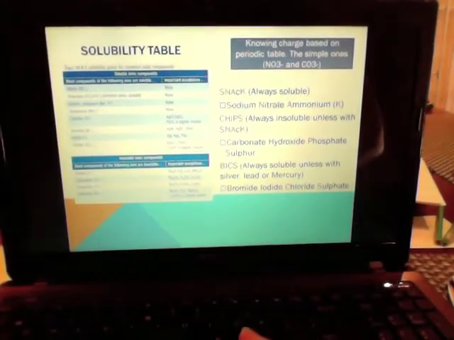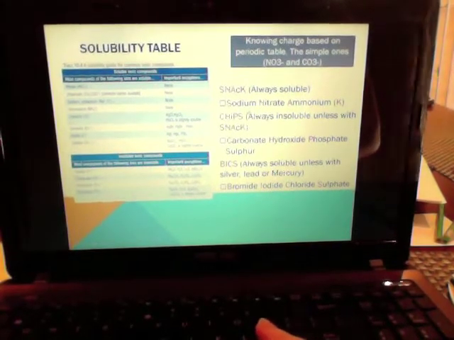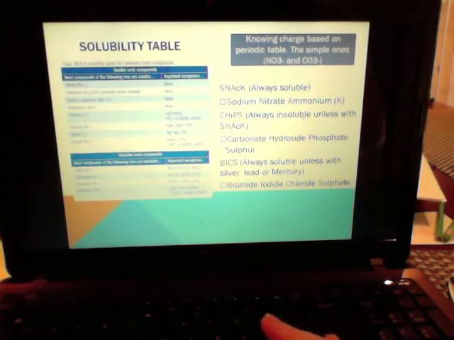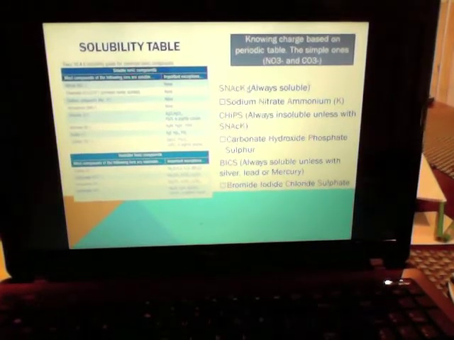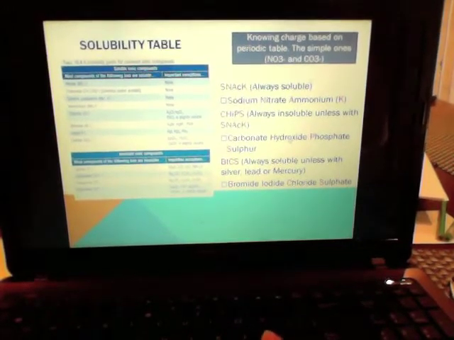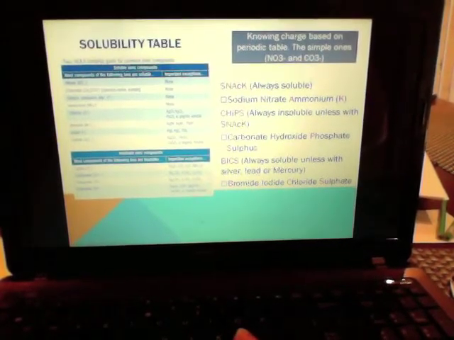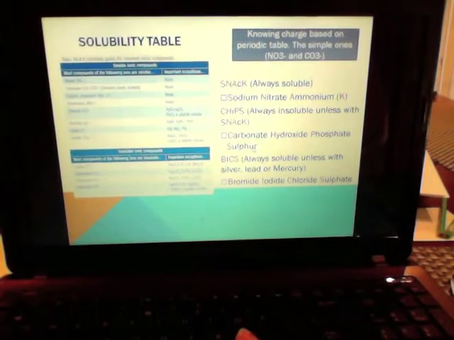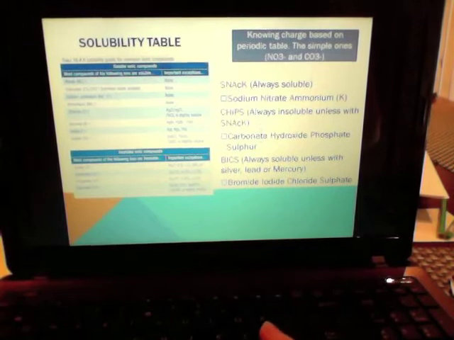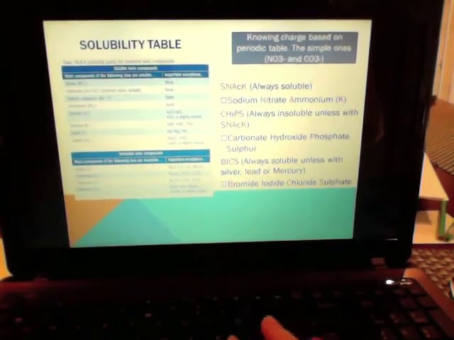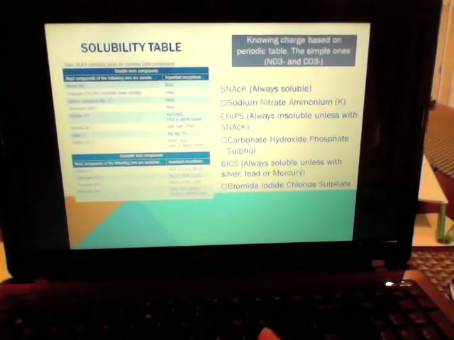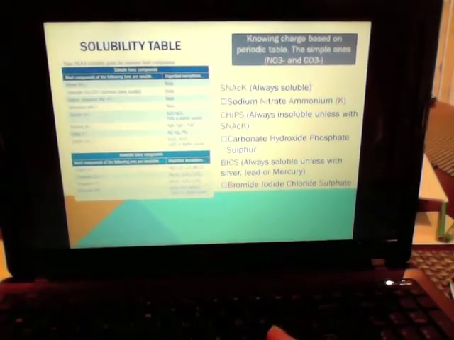Okay? Now, CHIPS are always insoluble, unless with SNAK, because we already said SNAK's always soluble. So carbonate, hydroxide, phosphate, sulfide, they will always be insoluble, okay? Unless it's sodium carbonate, which is soluble. Now, BICS are always soluble: bromide, iodide, chloride, sulfate.